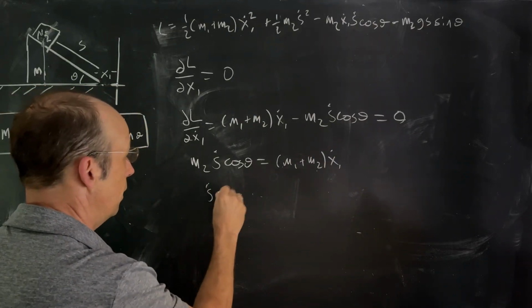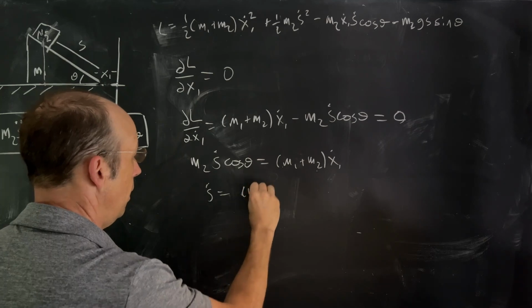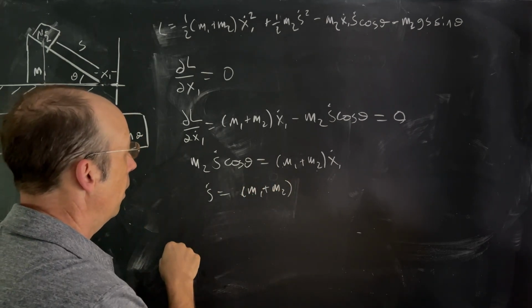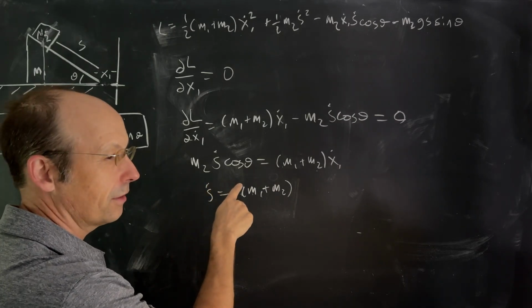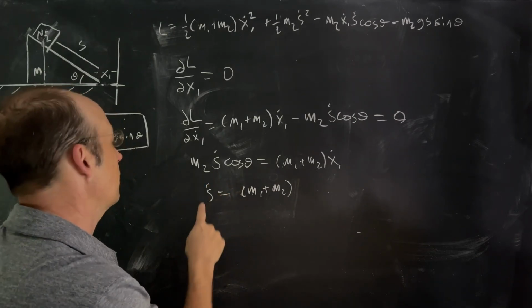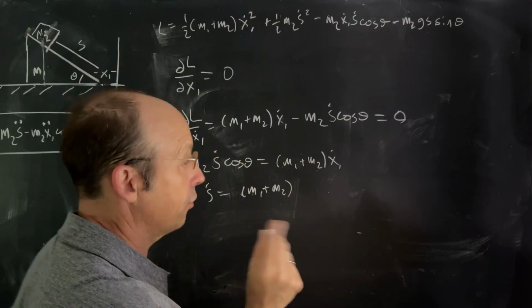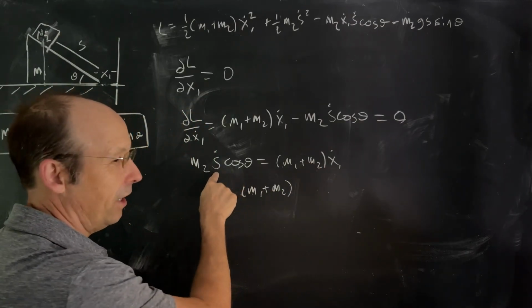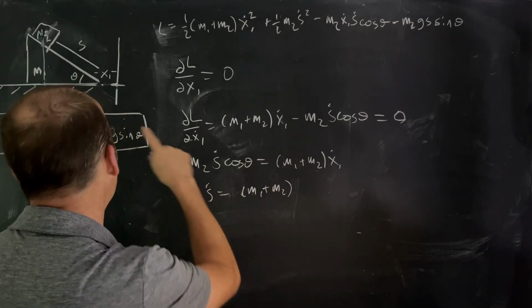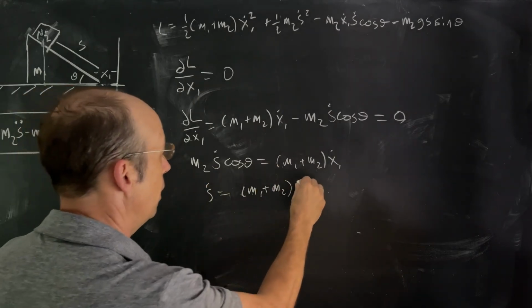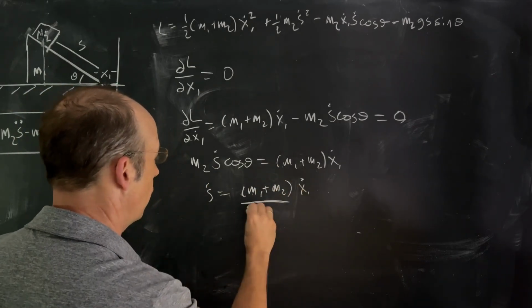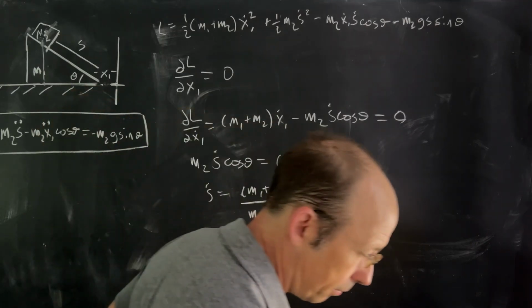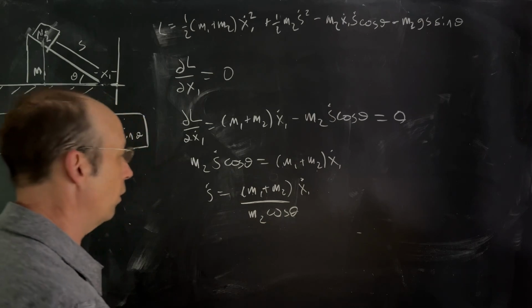So s dot is going to be m1 plus m2. Although you can kind of see right here what this says. It's not quite, but it's going to be conservation of momentum, because that's the velocity of the wedge. That's not the velocity of the other block because it's that s property. But let's just keep going. So x1 dot over m2 cosine theta. Is that what I did before? Yep. Okay, good. We're on the right track.